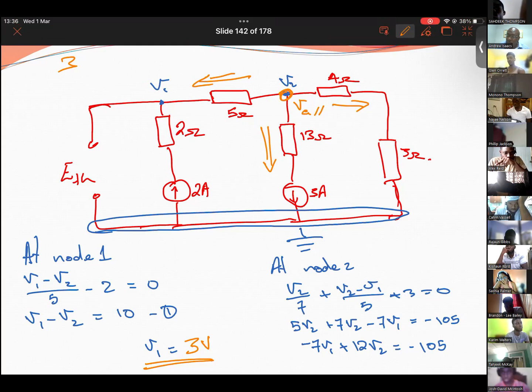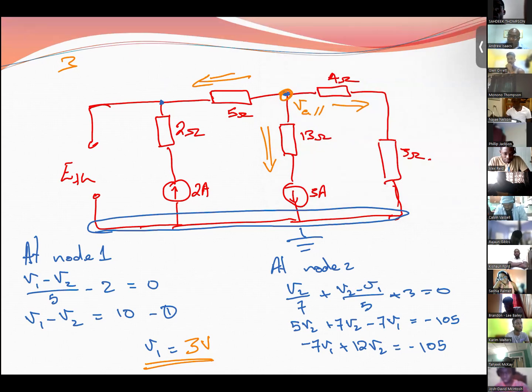So let me take off the V1 and V2. It's VA. So what's the current in this branch? It's not a trick question. Let's look at it. What's the current? VA over 5? No. Look at the branch. A current that is going in this direction, where would it go?